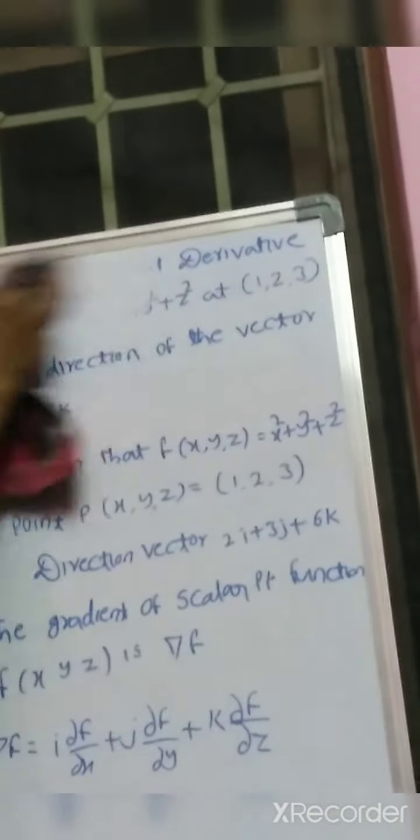Here f is equal to x square plus y square plus z square.